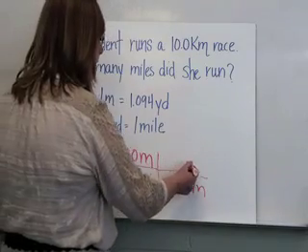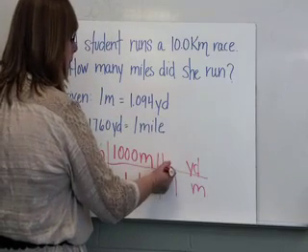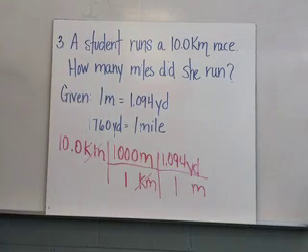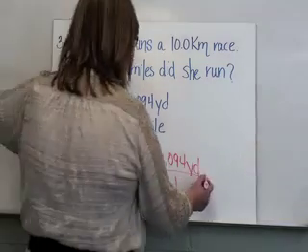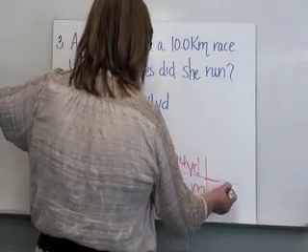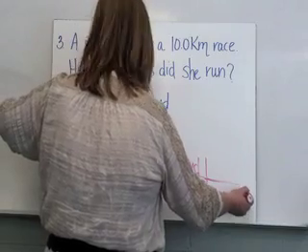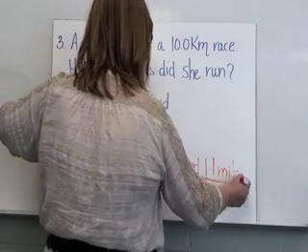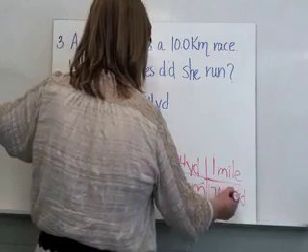And we know that there is, from this conversion, 1.094 yards in a meter. Oh, I don't want yards, I want miles, and so that's where I'm going to use this conversion factor. The meters have now canceled. We're going to put yards in the denominator and miles in the top, because that's what we want. 1 mile is 1,760 yards.